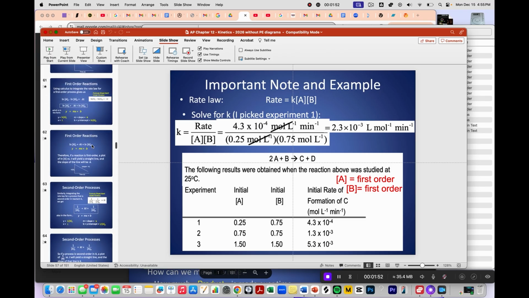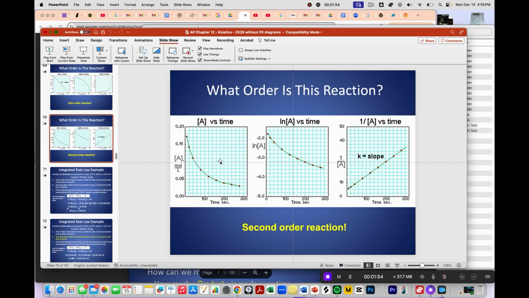That was one experimental way. The other way was making graphs of concentration versus time, natural log of concentration versus time, 1 over concentration versus time. We can do it graphically, but again, using experimental data to determine the orders.